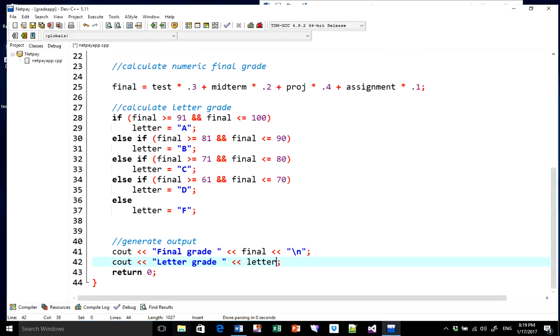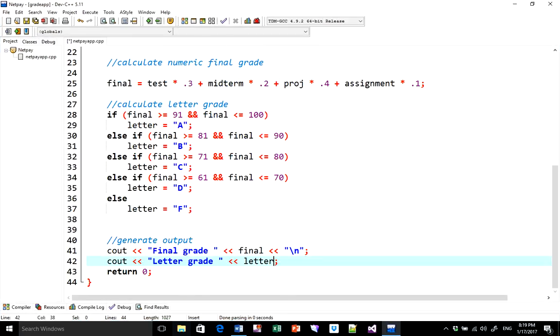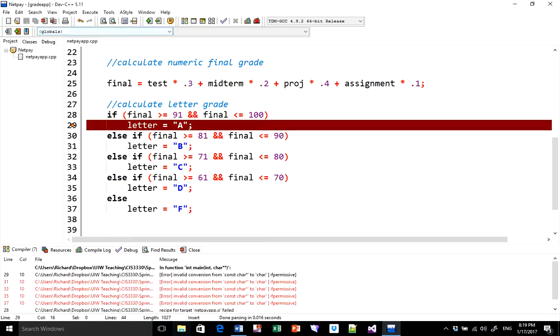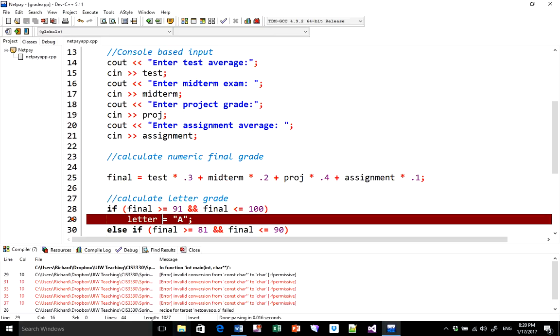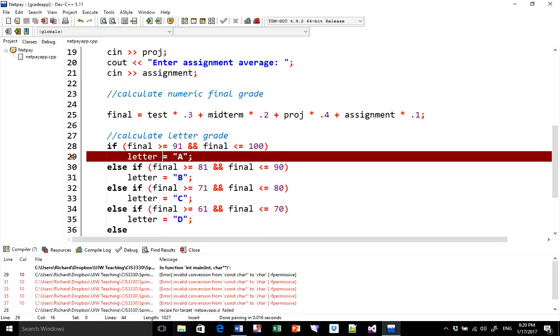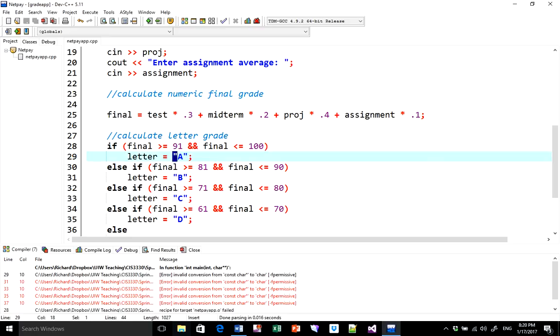All right, so let's run it first and make sure that whatever we did made sense. So compile this, letter A. Oh wait, if it's a character, do you use the regular quotation marks or single quotes?